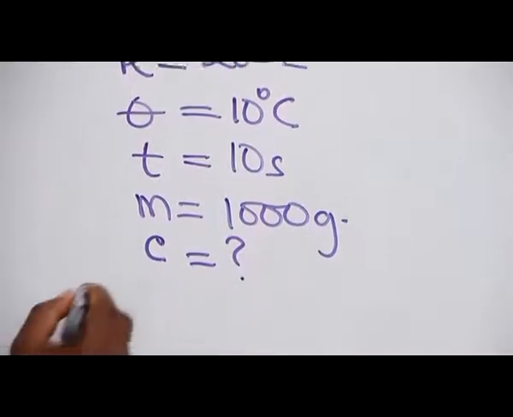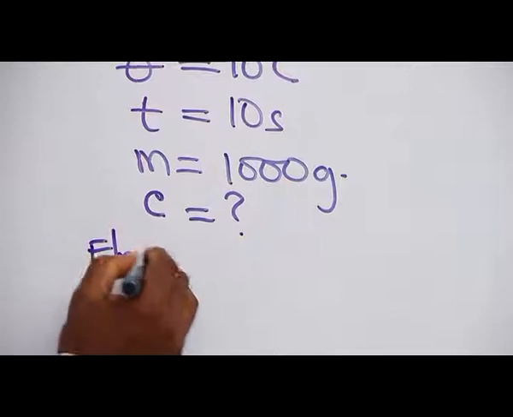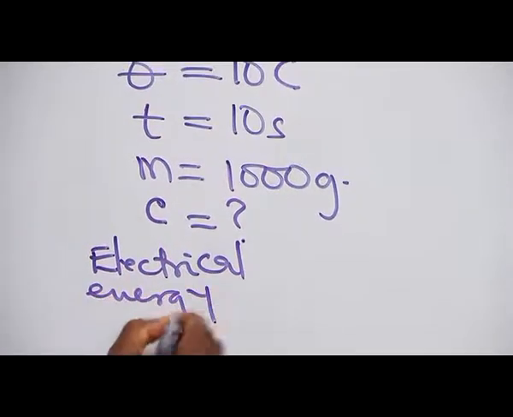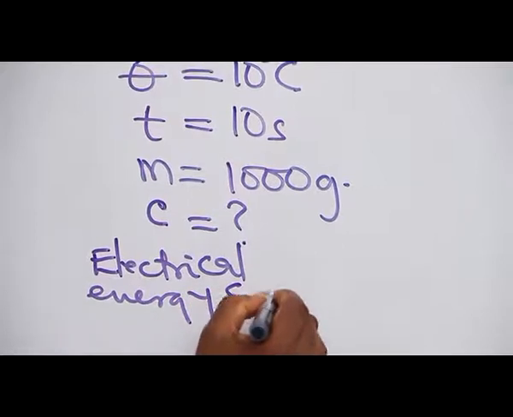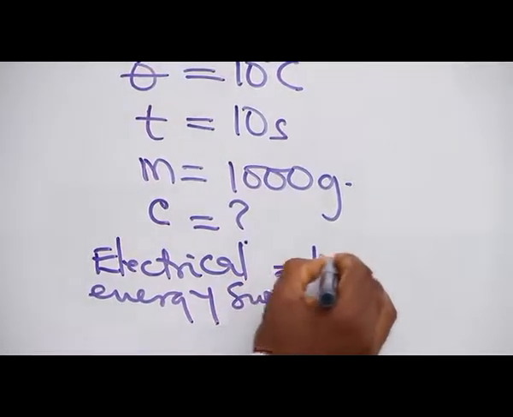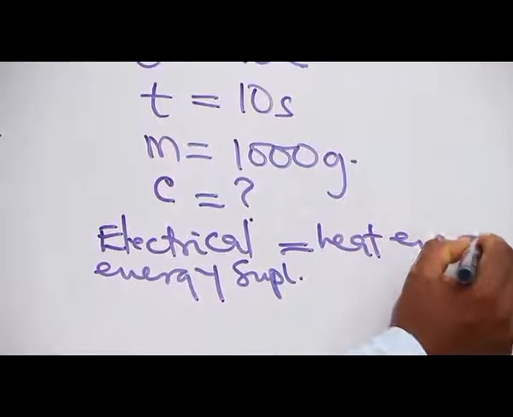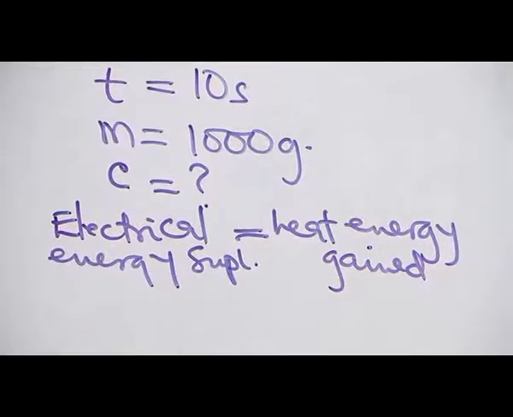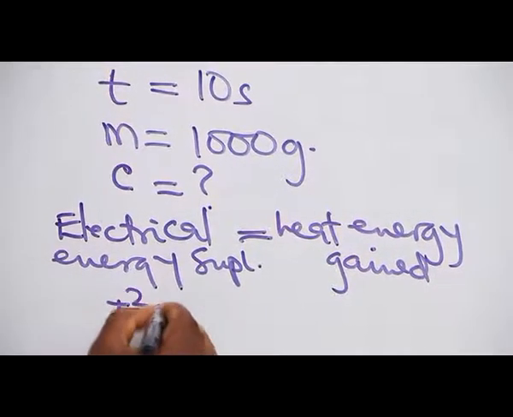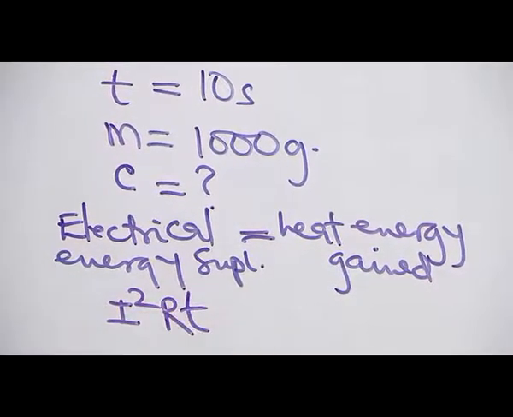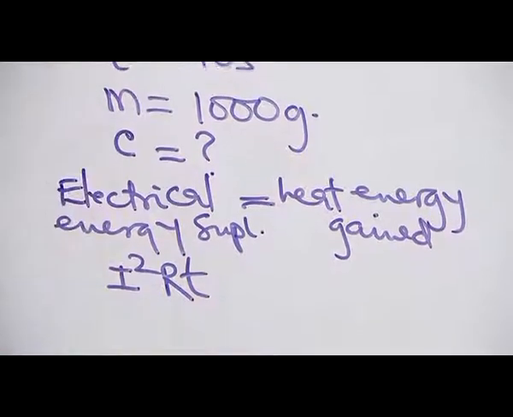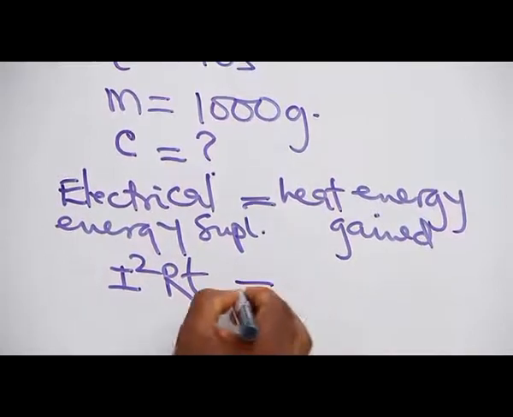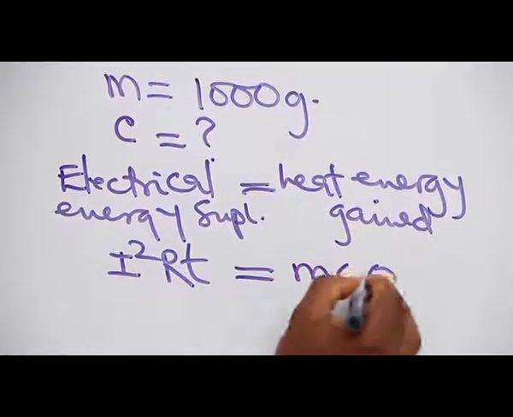So we make use of the fact that electrical energy that is supplied is equal to heat energy gained. So the electrical energy is I squared Rt. That's the one that has the letters with the information above. And the heat energy gained is mc theta.